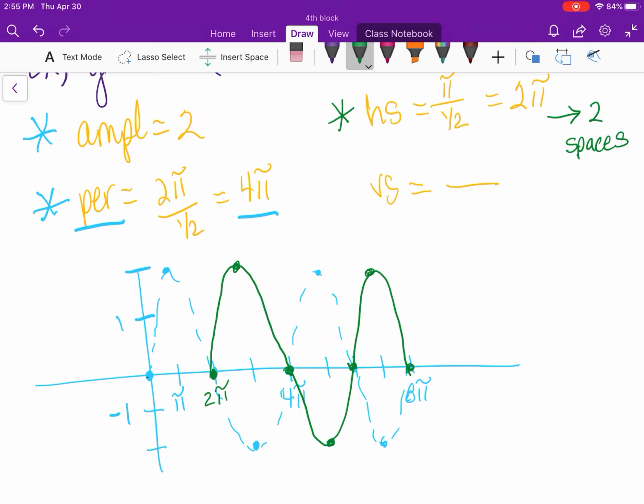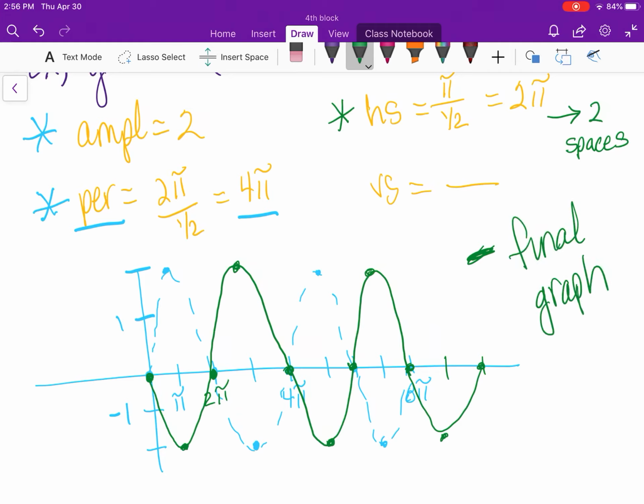If I extend it to the left, I can tell that before my 2 pi, I'm going to have a minimum, and then I'm going to have an x-intercept here. So you can extend it that way, or if you want to make more spaces out here, you could extend it here. Okay, so now I actually have 2.5 periods graphed. But that's how you would graph there, and my green graph is the final graph.